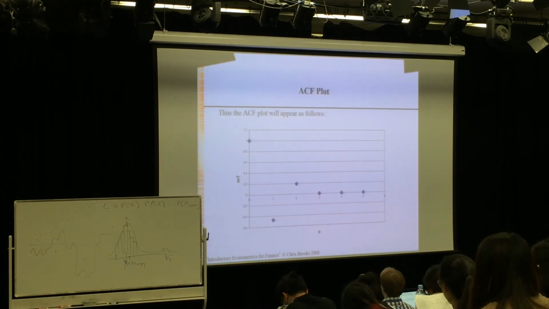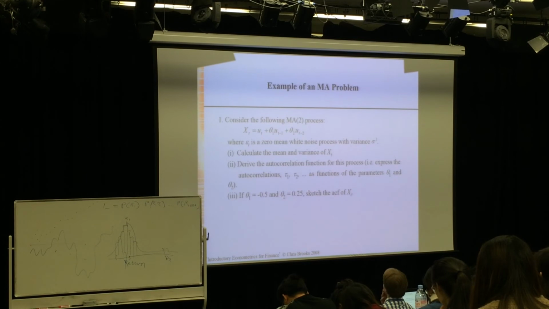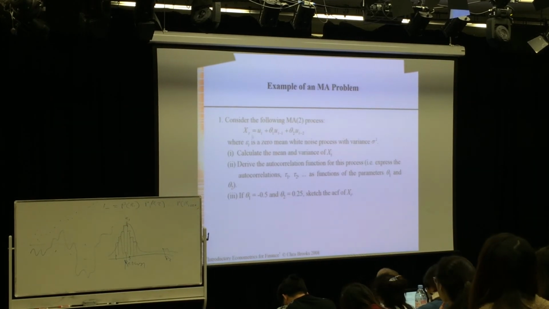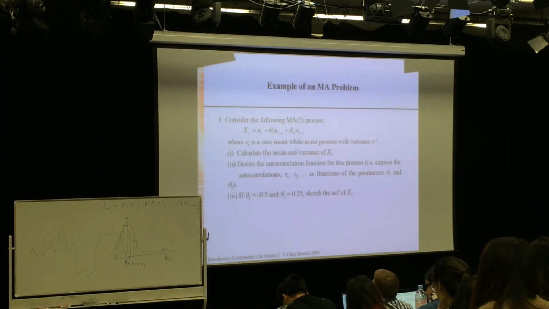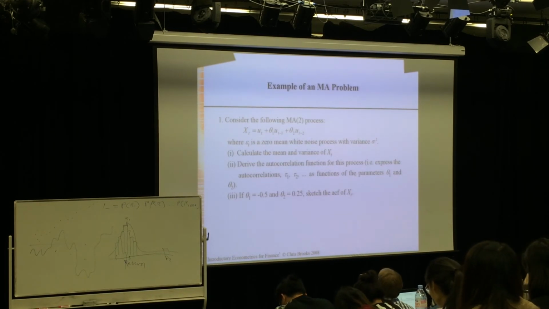Just looking at this process, the original process, we're going to look at an MA(2) process. So you've got two lagged residuals in there that are significant. And in this case, theta 1 is minus 0.5 and theta 2 is 0.25. What these slides are showing is that this will lead to autocorrelation in the original variable. So x of t will suddenly become related to previous versions of itself.